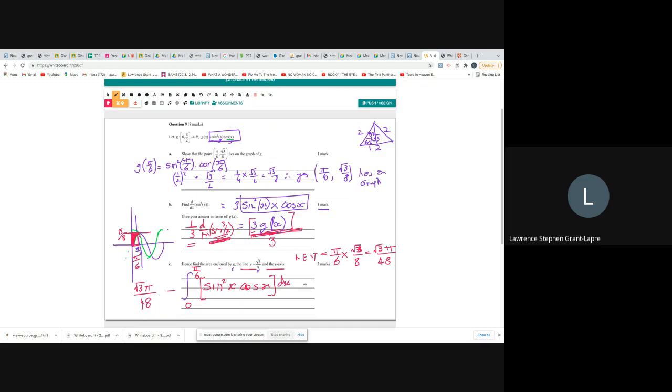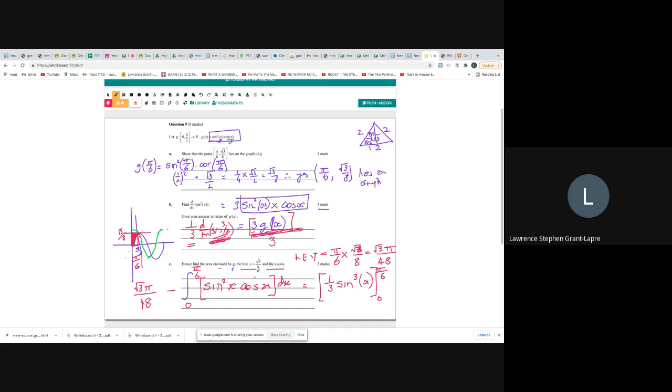So the integral will be 1/3 sine cubed x, from 0 to pi over 6.